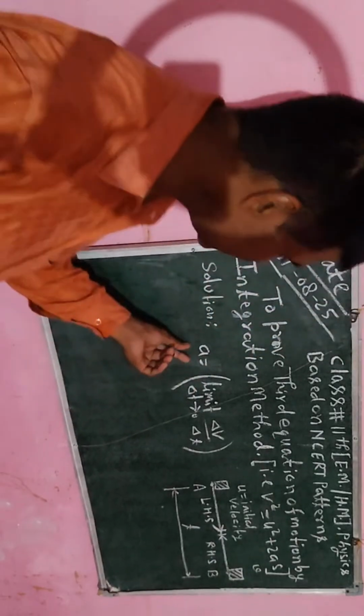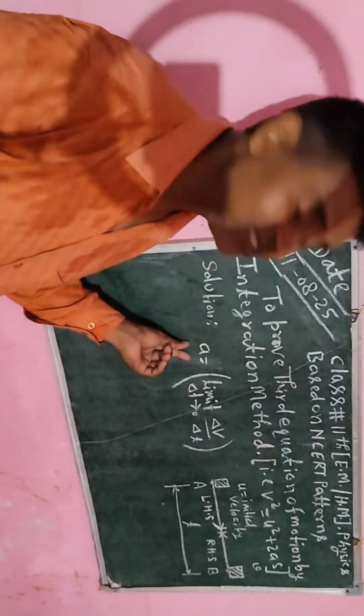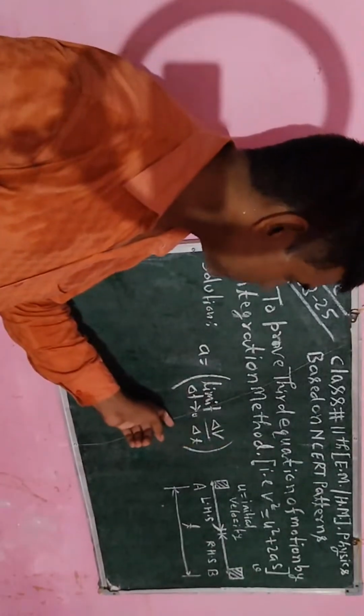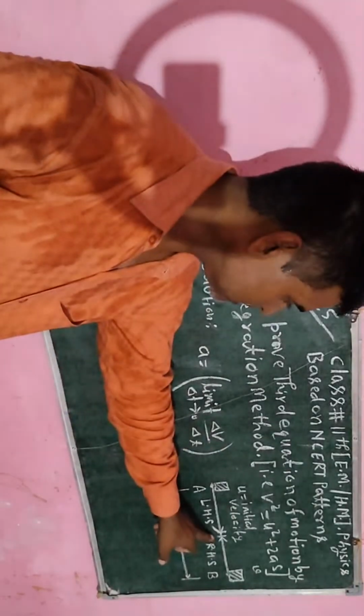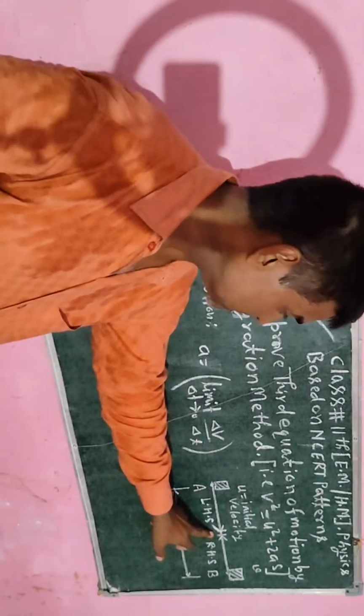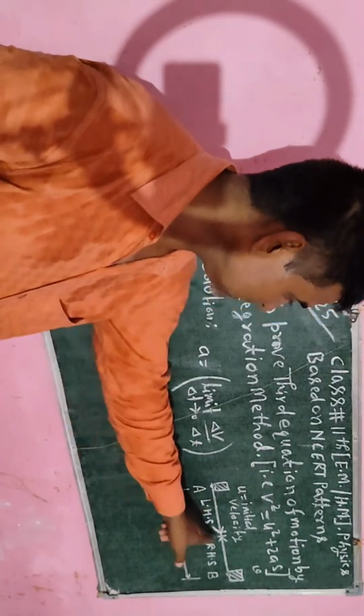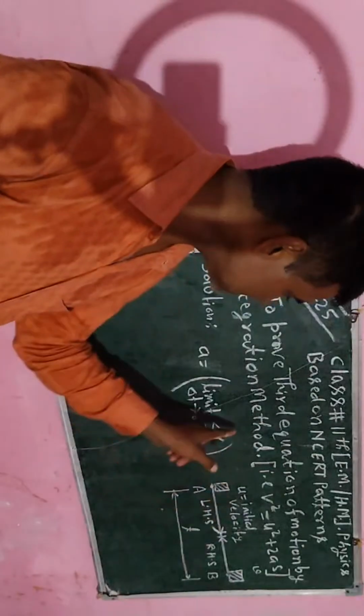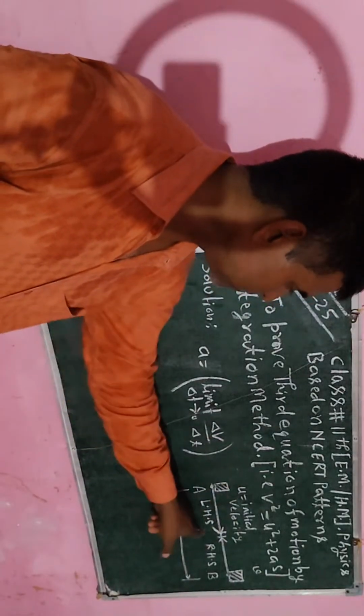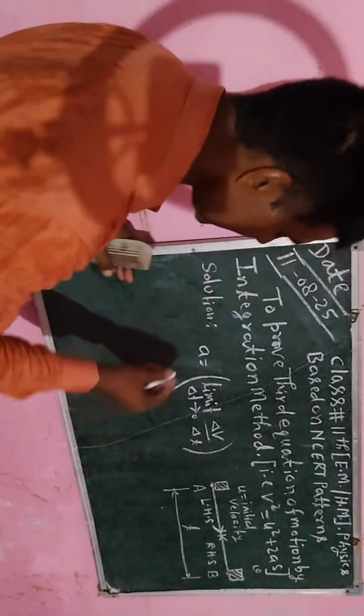So acceleration is the change in velocity per unit time. Here I have considered a small distance. So the change in velocity in the smallest distance will be delta v divided by the time, which is also delta t. So this is the acceleration.